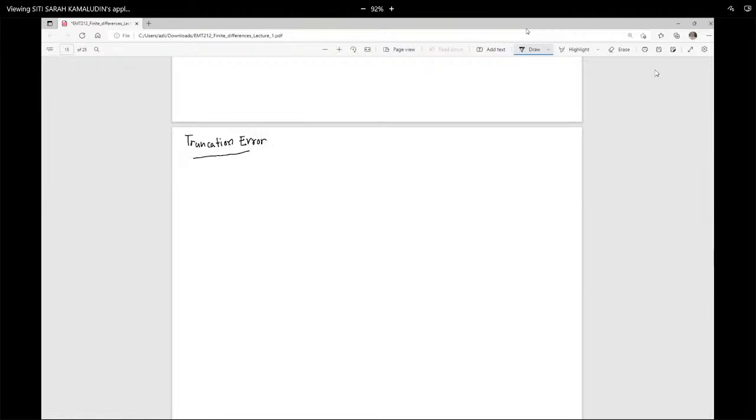How do we derive the FD approximations? We derive our approximations from Taylor series. Do you all still remember your Taylor series?